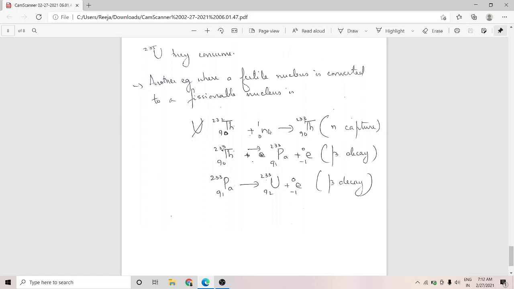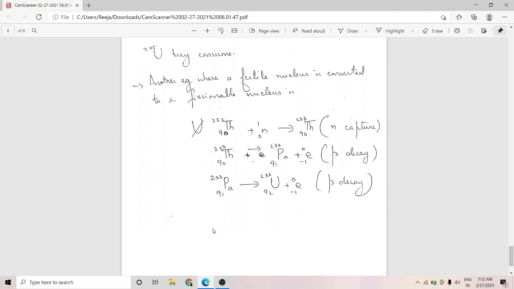It absorbs a neutron and becomes thorium-90-233. Then this thorium-90-233 undergoes one beta decay to form protactinium-91-233. Protactinium-91-233 undergoes one more beta decay to form uranium-92-233, which is a fissionable material. Thus, a breeder reactor is a specially designed reactor which produces more fissionable material than it consumes.